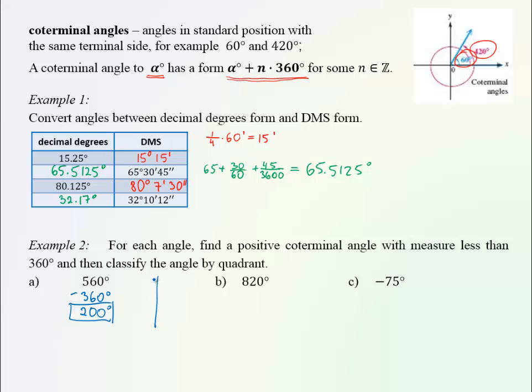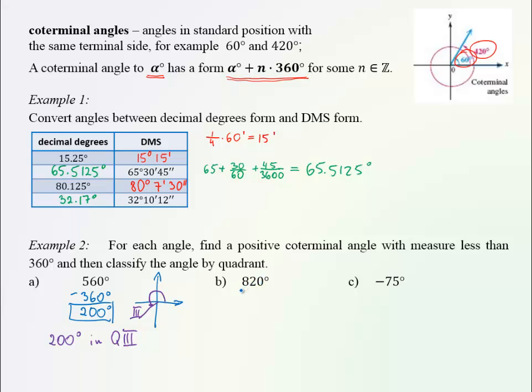And let's locate this in a system of coordinates. So 200 is more than 180, somewhere here. Therefore, this is in the third quadrant. Okay, therefore our answer is 200 in quadrant 3. Next we have 820.